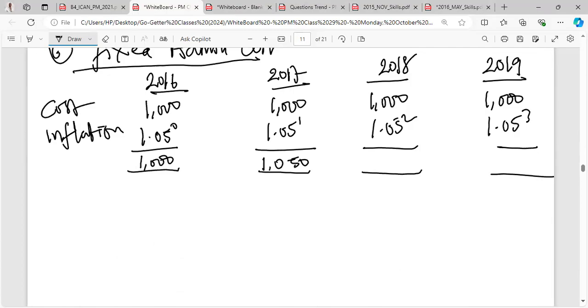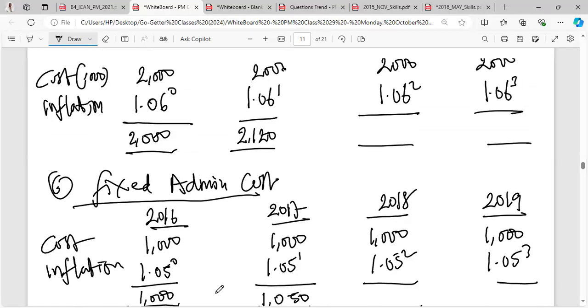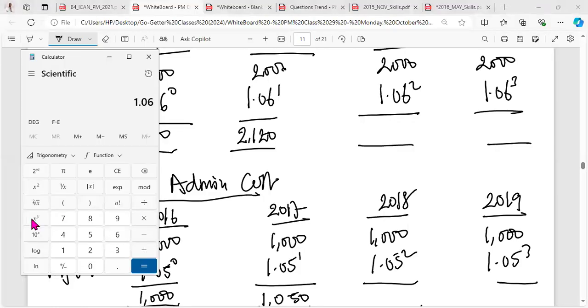All right. So this is going to be 1.06 raised to power 2 multiplied by 2000. 2247.